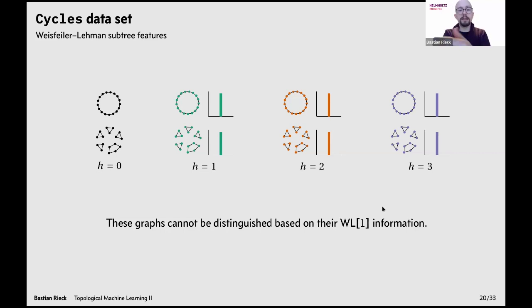The colors stabilize up to renaming, and you can see that here there's only a single color being generated regardless of how deep we go into the graph. So we have to conclude that these cycle graphs cannot be distinguished just based on their WL1 information. So this is nice, but of course it's also constructed that way, right? I mean, we set it up so that it would work.